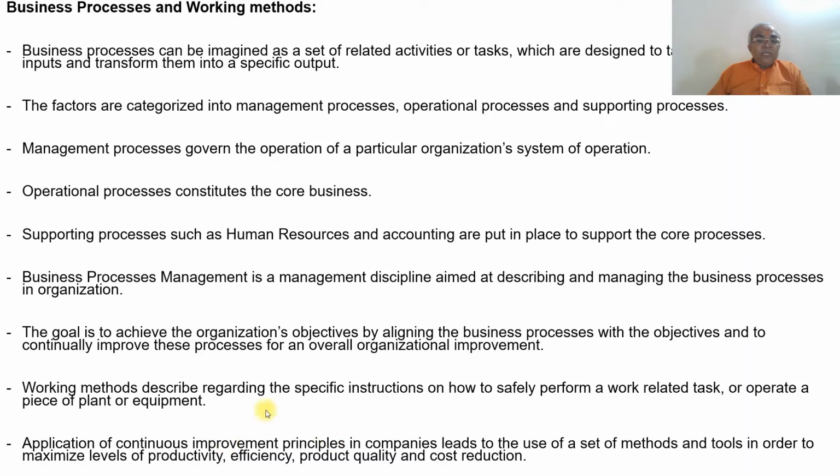The goal is to achieve the organization's objectives by aligning the business processes with the objectives and to continually improve these processes for an overall organizational improvement. That means periodical introspection has to take place in the organization, whether we are going in the right way or whether some refining needs to be done. All those things you can think of in these organizational objectives.